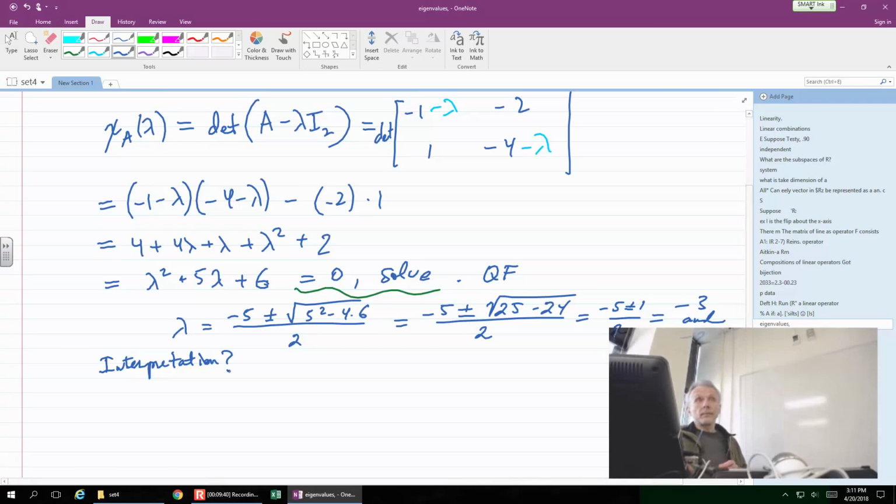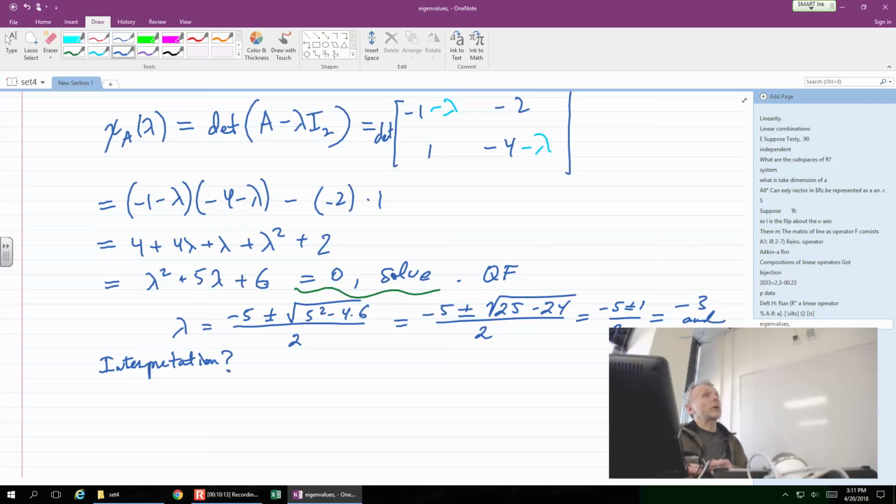Well, the thing is, we don't know the eigenvectors yet. So I thought maybe before we find them, let's decide what it is that we're going to do with them. So remember, what does it mean for -3 to be an eigenvalue? What does it mean? The word you should be looking for always is stretch, shrink.